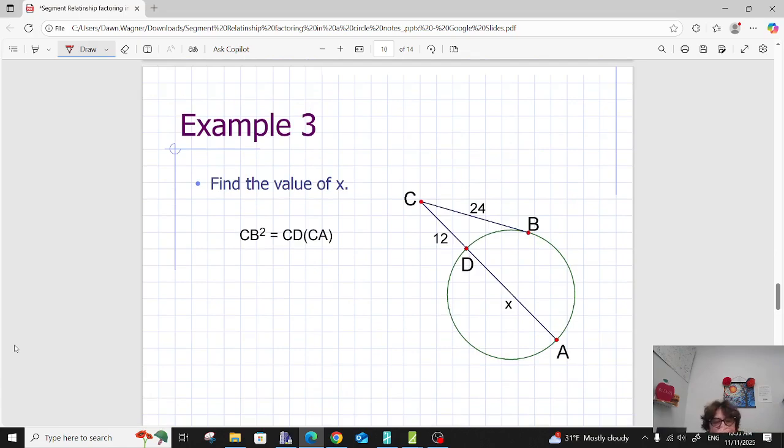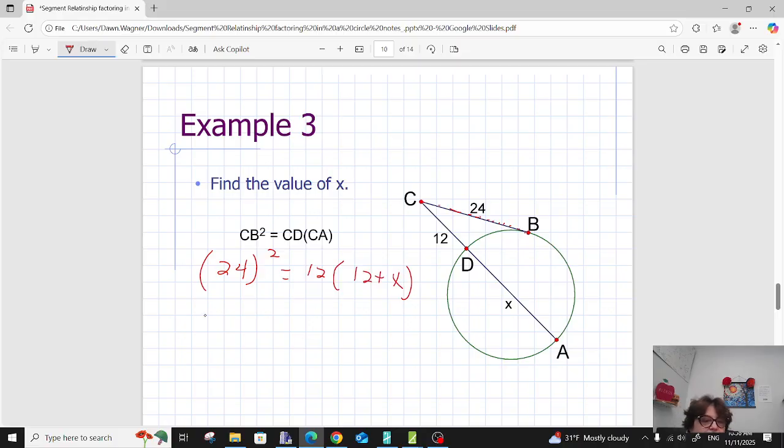Okay, now we're going to apply this one. CB is the tangent, right? So I'm going to do 24 squared equals CD, which is 12, times 12 plus x.